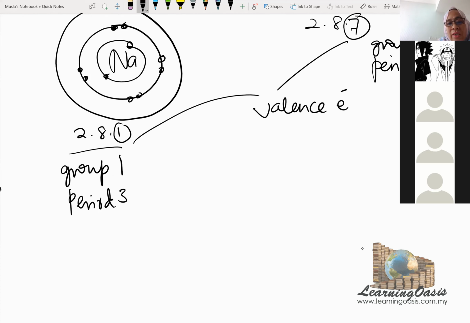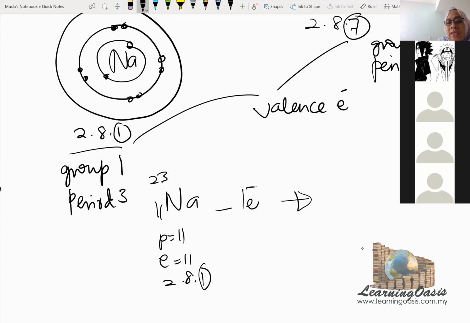So if I give you sodium 23, 11, it has proton 11, electron 11. It is 2, 8, 1. To achieve octet, it needs to have 8, so it gets rid of 1 electron. Proton is still 11, but electron now is 10.